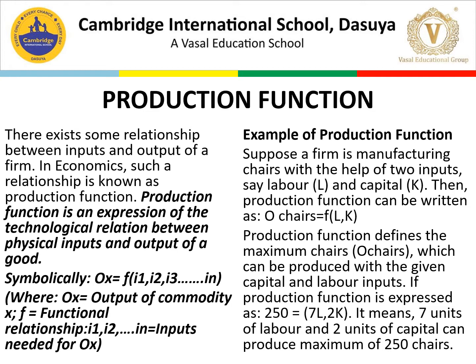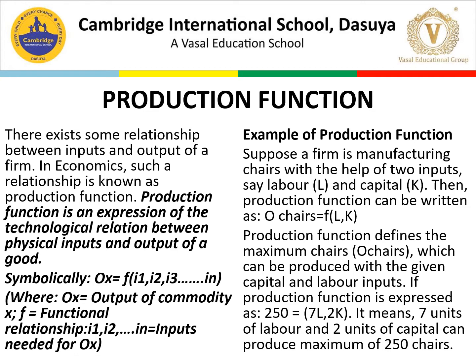We are using all the inputs, like in the earlier example of shoes. For making shoes, we need workers, we need nails, we need leather. So all these things are inputs. When we create a relation between the inputs we use to produce one thing, that is production function.